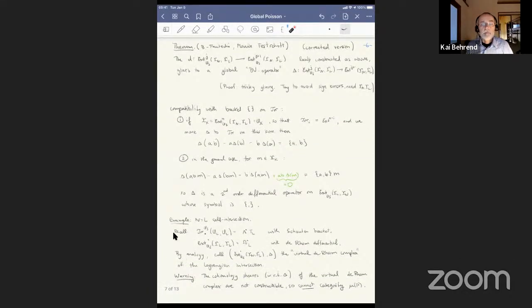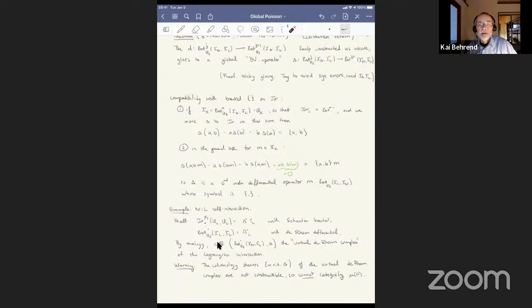So again, in the case of the self-intersection, where the Tor sheaves were just the Schouten algebra, the X sheaves are just the de-Rham. But again, then there's no wedging with df. The cohomology sheaves are just the sheaves of differentials. And there's the de-Rham differential.